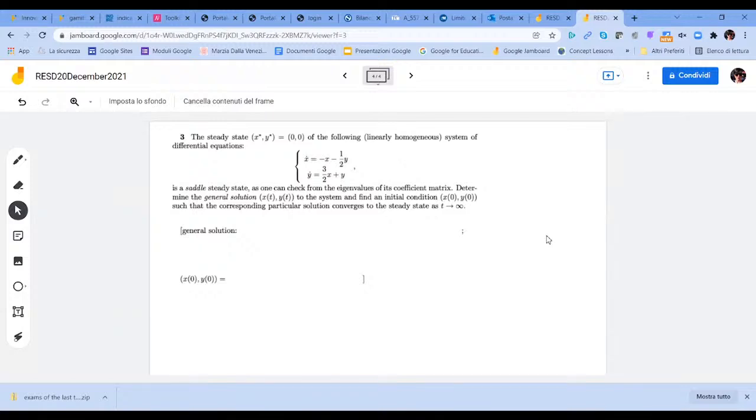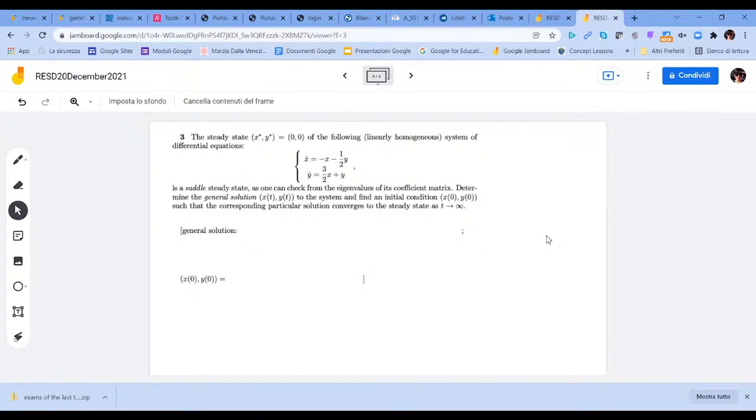So you have a steady state, and you have to determine the general solution. The general solution is computed as the solution that we had with C1 and C2.